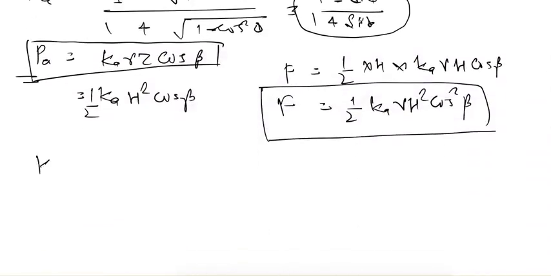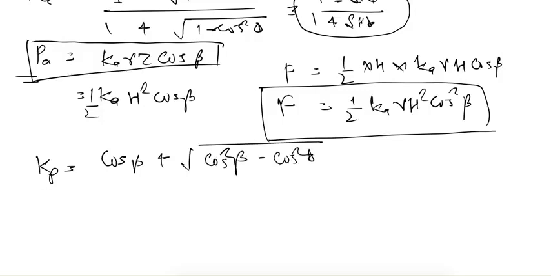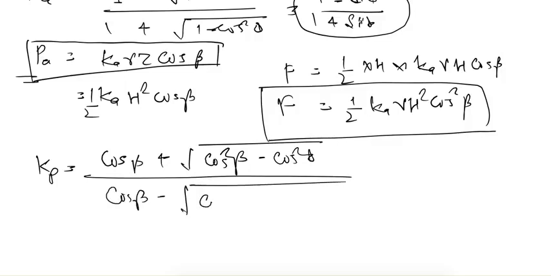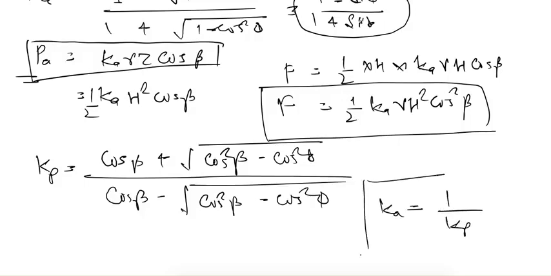And if you want to write the pressure coefficient for the passive state, that is cos beta plus the square root of cos square beta minus cos square phi, divided by cos beta minus the square root of cos square beta minus cos square phi. So if you reverse the active earth pressure coefficient, the relation between the active and passive earth pressure coefficients is Ka equal to 1 upon Kp. This way you can remember this formula.